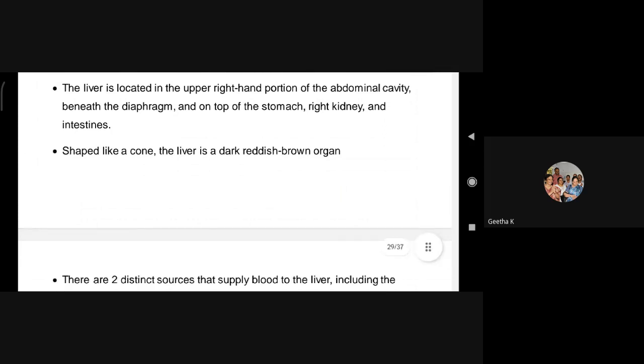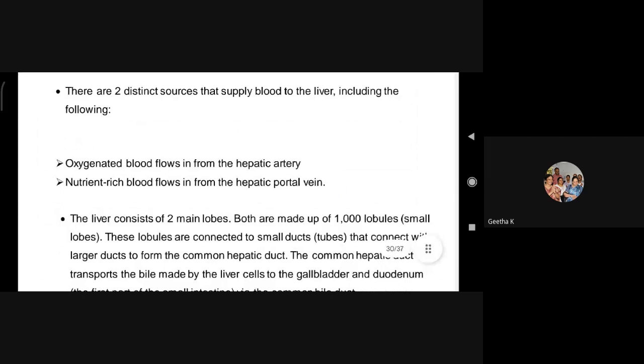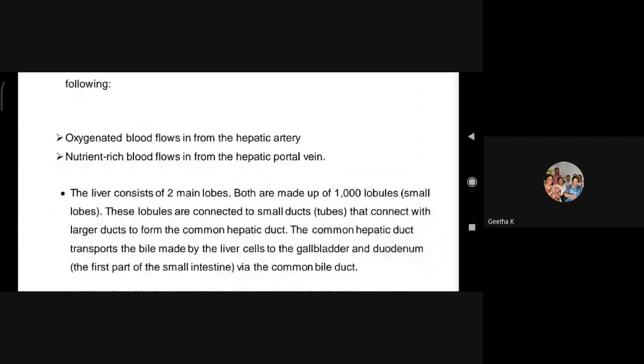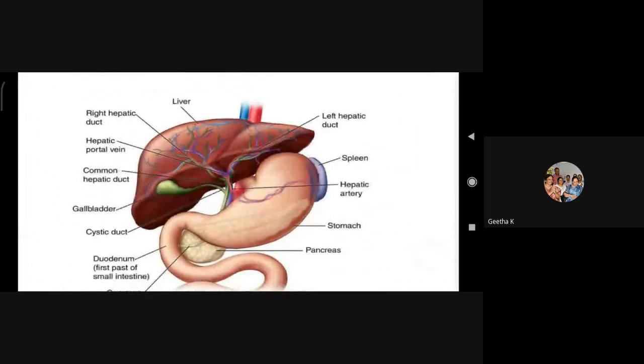Now, there are two distinct sources that supply blood to the liver. Oxygenated blood flows in the form of the hepatic artery, and nutrition-rich blood flows in the form of the hepatic portal vein. You can see here, the hepatic artery is depicted by red color.